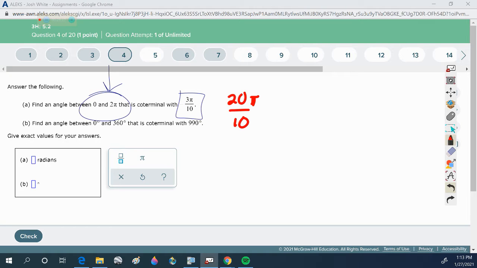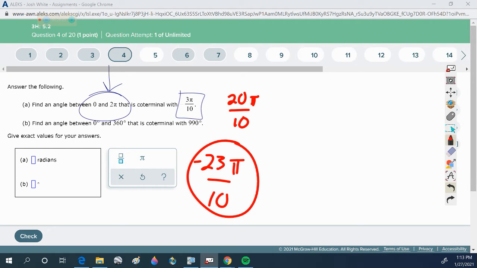If I subtract, I'm going to get negative 23 pi over 10. Is that what I want? No. Is that number between 0 and 2? No. So if I add, I get 17 pi over 10. Is this number between 0 and 2?